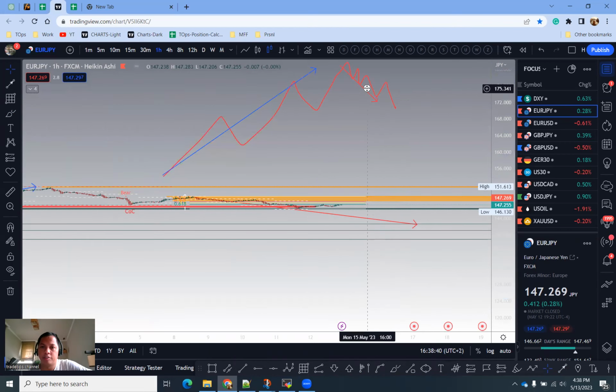So during the session, you should know what the trend is on the lower time frame to decide what the bias is on that session.